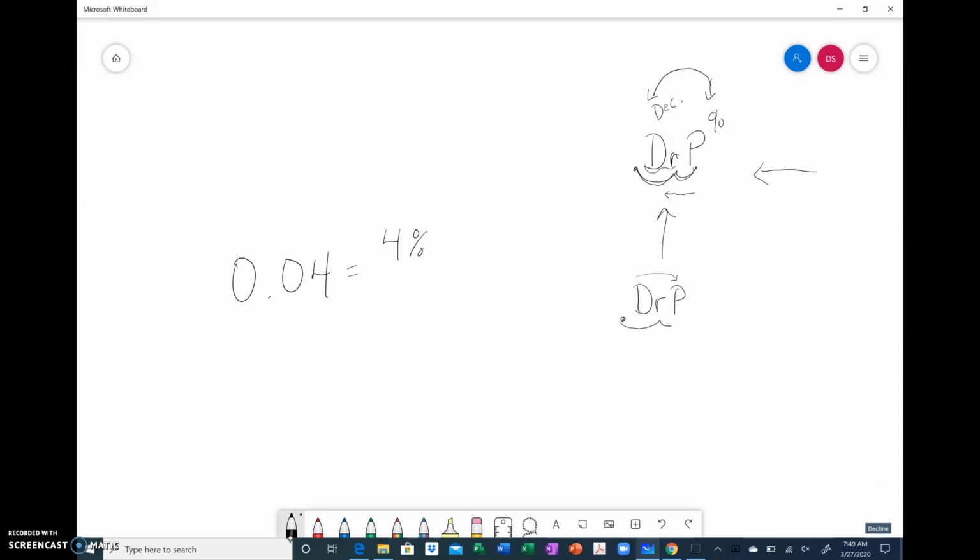I'm going to go 2 places to the right. I already have a decimal point here. 2 places to the right would put it on the right side of the 4, and I would still end up with 4%.